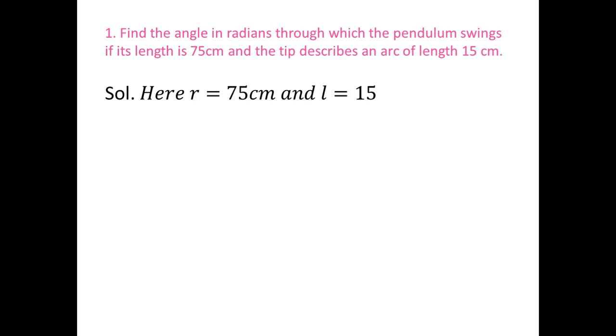Here R is equal to 75 centimeter and L equal to 15. We know theta is equal to L by R. This gives theta equal to 15 by 75. 15 is your length of arc and R is your radius. On solving, we get our answer 1 by 5 radians. Very simple. 1 by 5 radians.